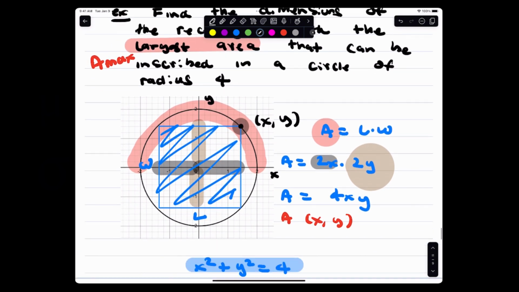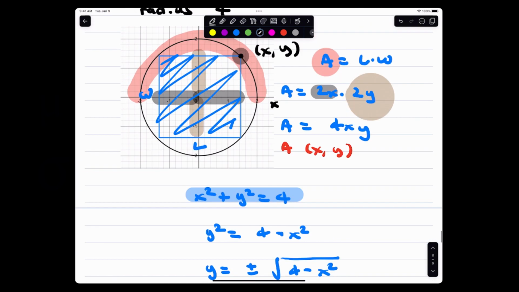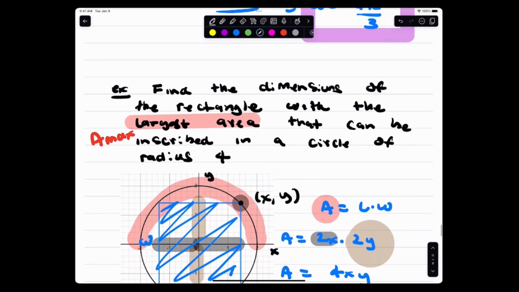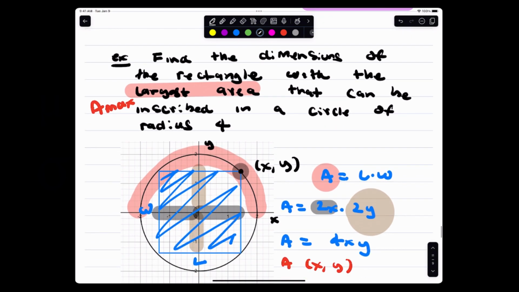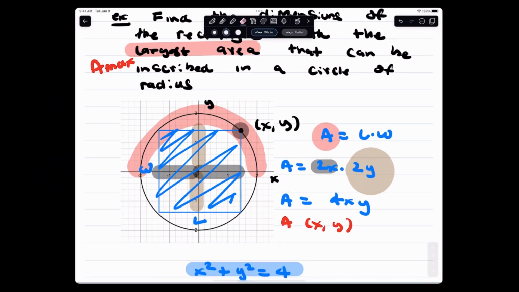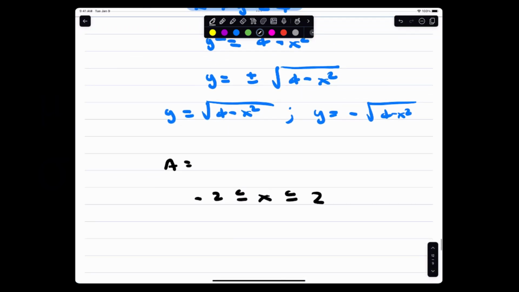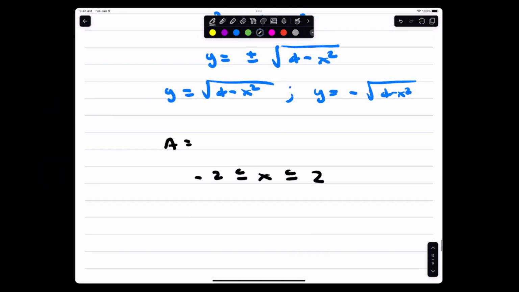Oh, radius is 2. No, what do they say? Let's fix it. Radius is 2, sorry. 2 squared, 4. I don't want to change everything. So area is going to be what? 4x square root of 4 minus x squared.